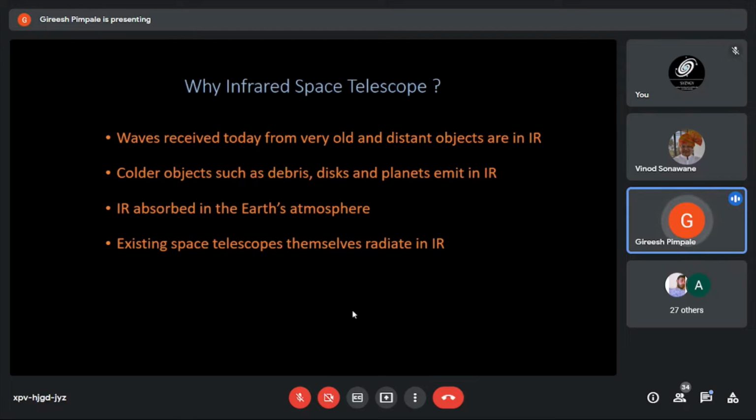So all of us are giving out IR. Every object in this universe which has a temperature higher than absolute zero gives out IR, and most of the objects have that temperature. So these existing telescopes themselves are radiating in IR.